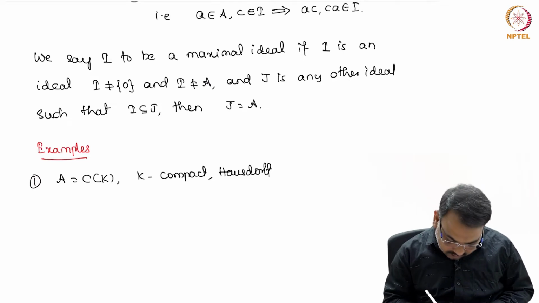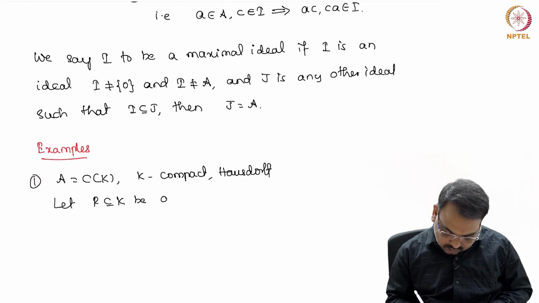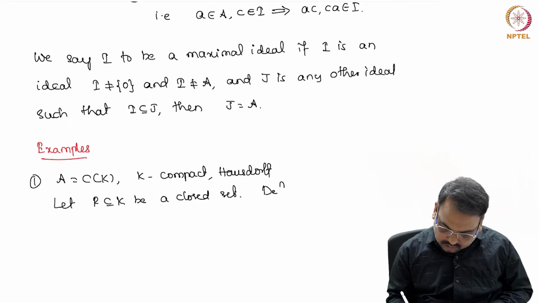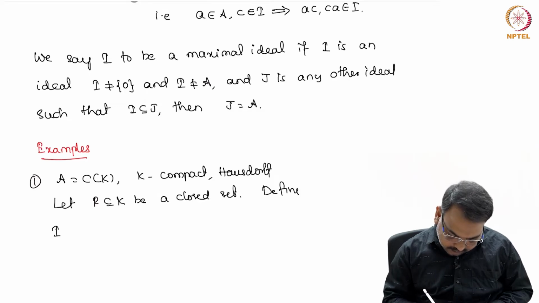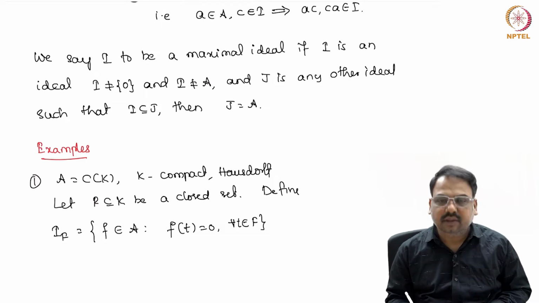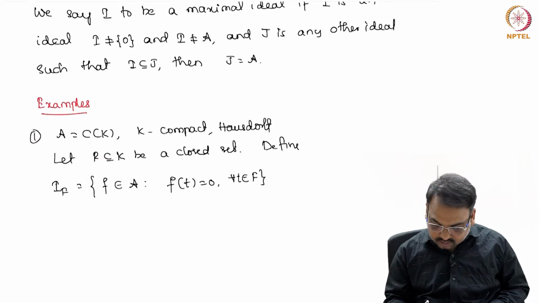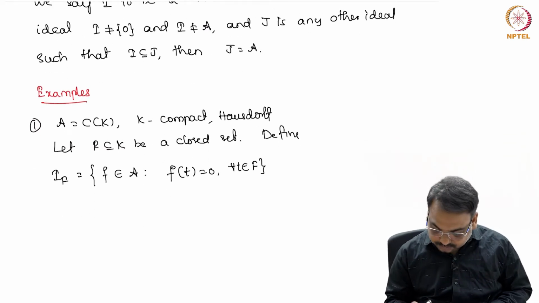Let us take F to be a closed subset of K. I will define I_F as the set of all f in A such that f(t) equals 0 for every t in F. That means the set of all functions f in A such that f restricted to F is 0.